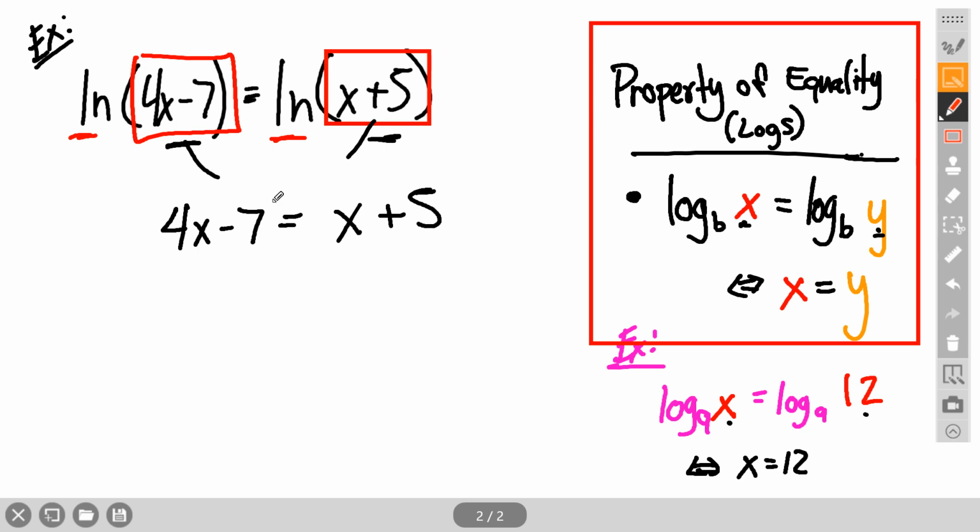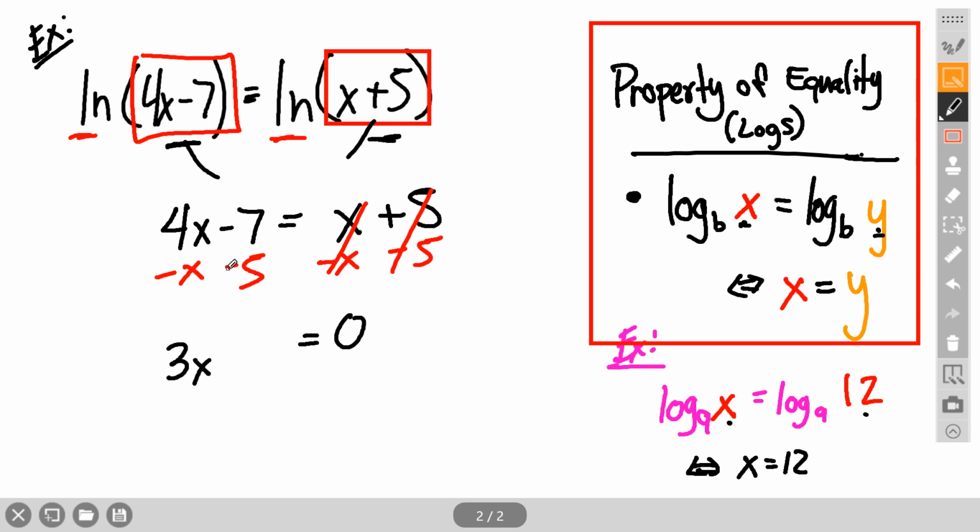The way I like to solve these types of problems, I don't know how everyone does them, is to move everything to the left side and set it equal to 0. So I'm going to subtract x to move that over, and I'm going to subtract 5 to move that over, and that means there'd be nothing on the right side, so it would just be equal to 0. So I would have 4x minus 1x, that's 3x.